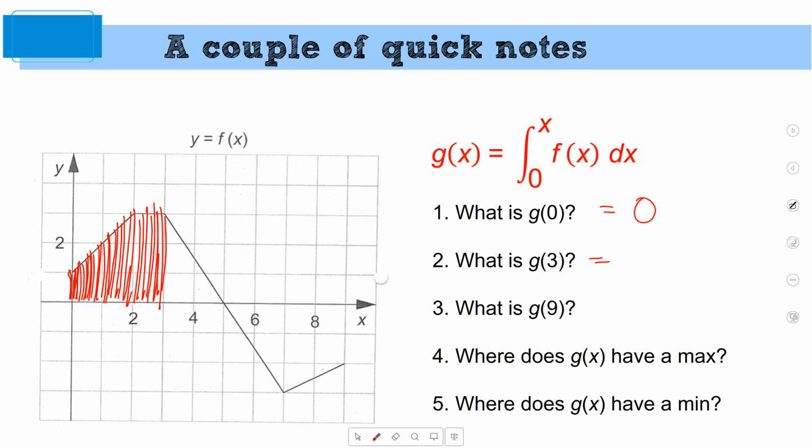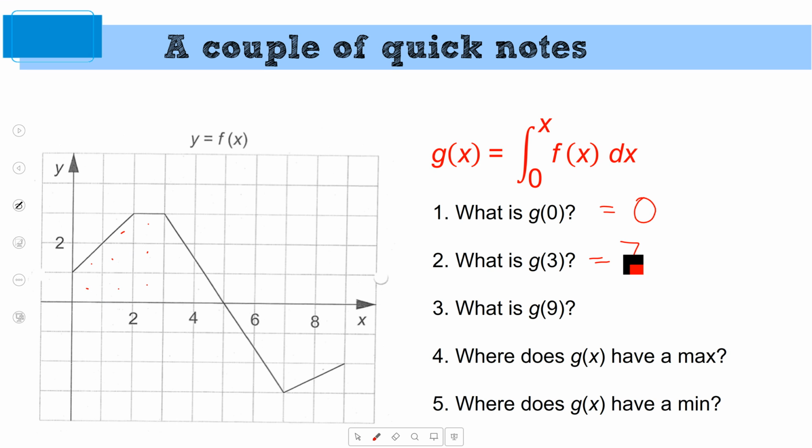Okay. So what's the answer? Let me get rid of the mess here so you can see. 7. Why? 1, 2, 3, 4, 5, 6, 2 halves, 7.